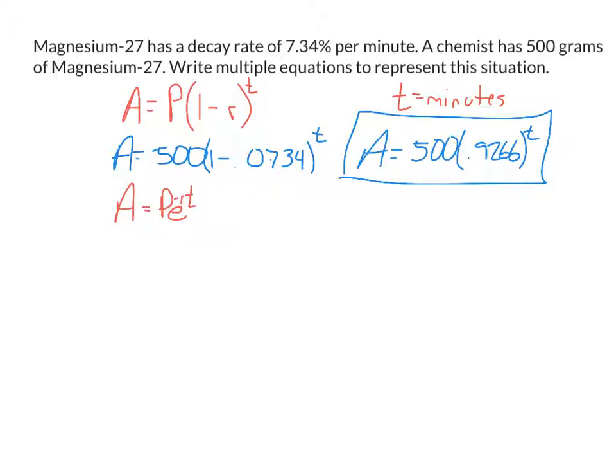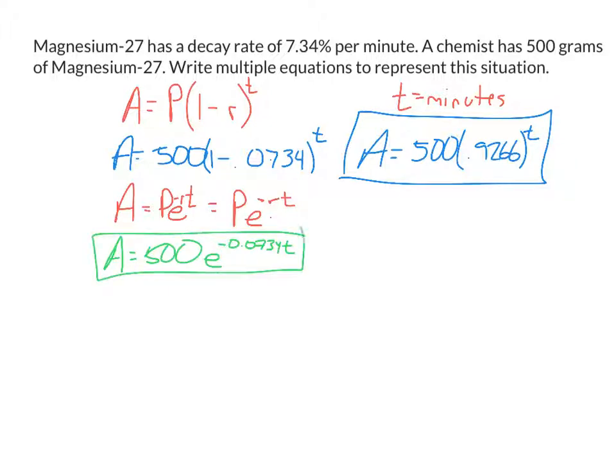So let me write that a little bit better: P e to the negative r times t. To fill that in, we'd have 500 times e to the negative 0.0734 times t. Okay, and that is another equation that we have here.